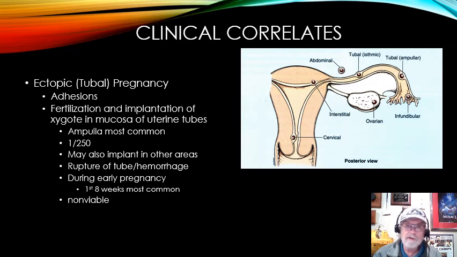None of them will survive, and usually they spontaneously abort during the first 8 weeks of pregnancy, sometimes a little later. It's usually all of a sudden and may be associated with significant rupture and hemorrhage. If it's not picked up, the bleeding inside the abdominal cavity may cause enough blood loss to produce shock and possibly death in some situations.